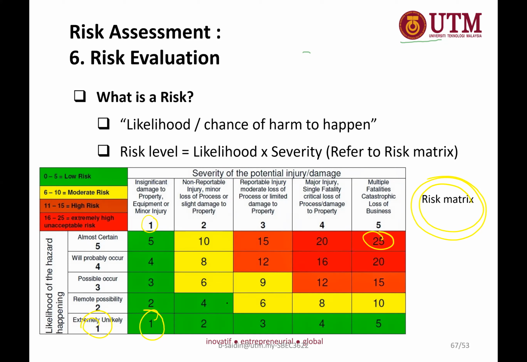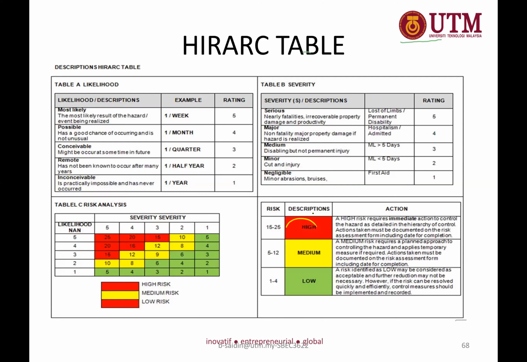And the one being shown in red color can be considered in the range of high, see, high risk. The medium one would be in the yellow there, and then the low one is green.